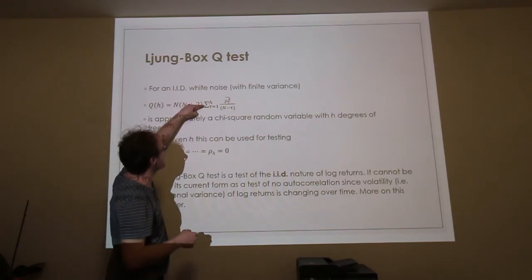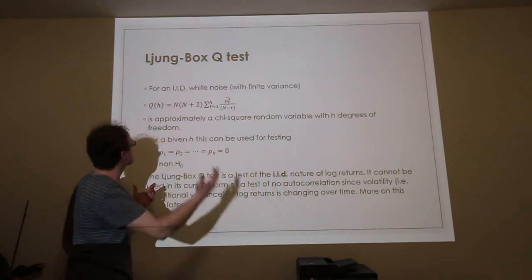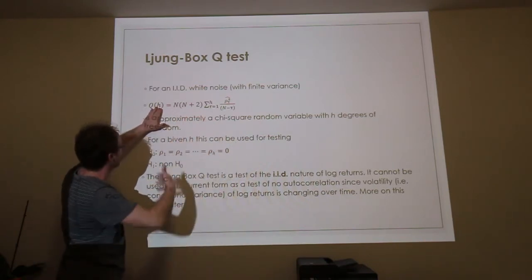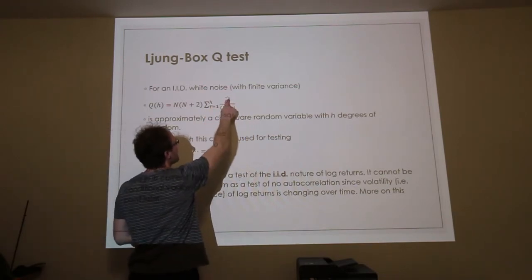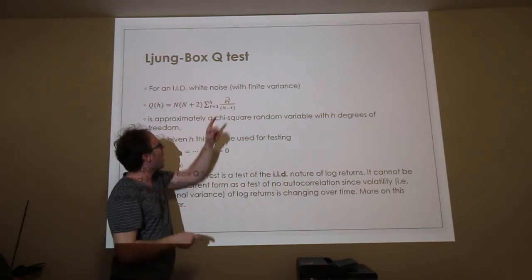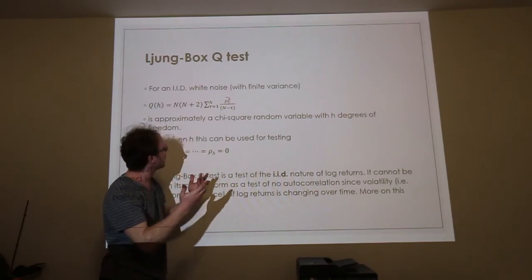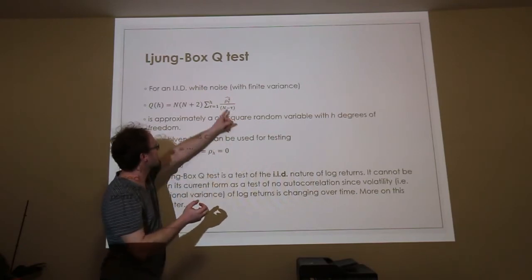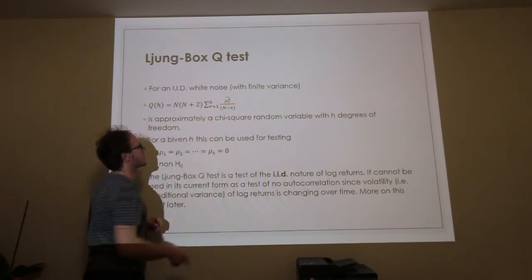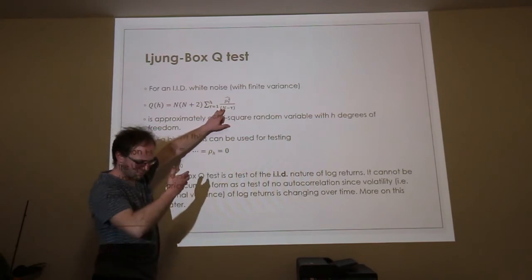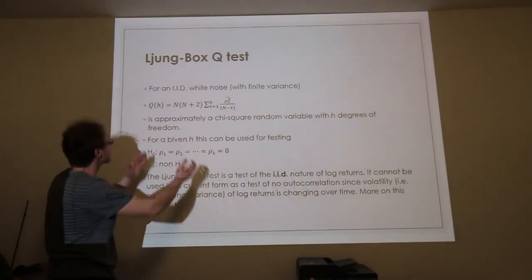And there is a summation from tau equal to 1 to h, the horizon, the maximum length, of this ratio: the second power of the estimated correlation coefficients at time tau, divided by n minus tau, the sample size minus this tau, this lag.